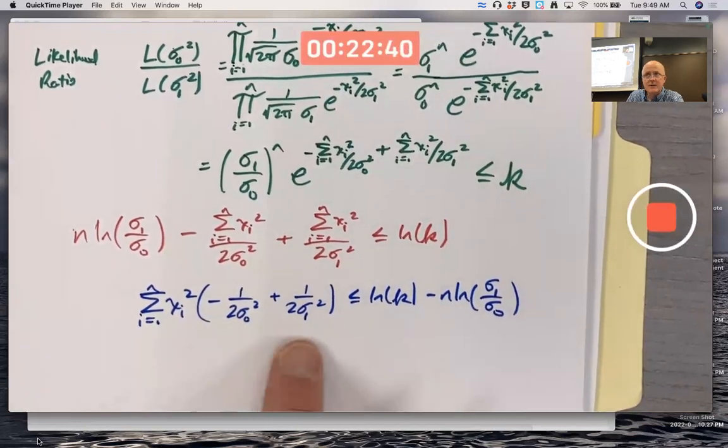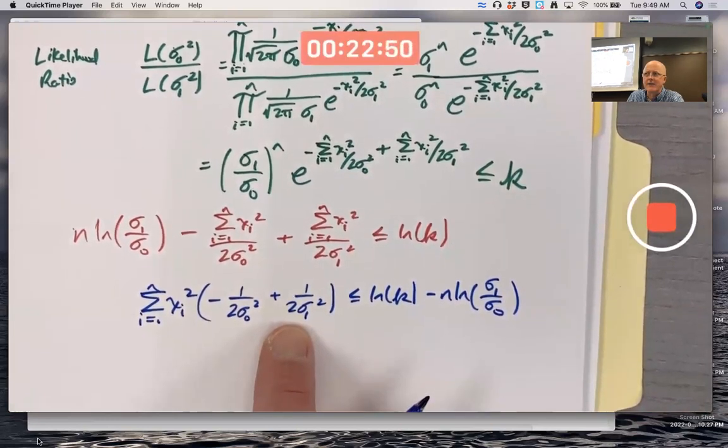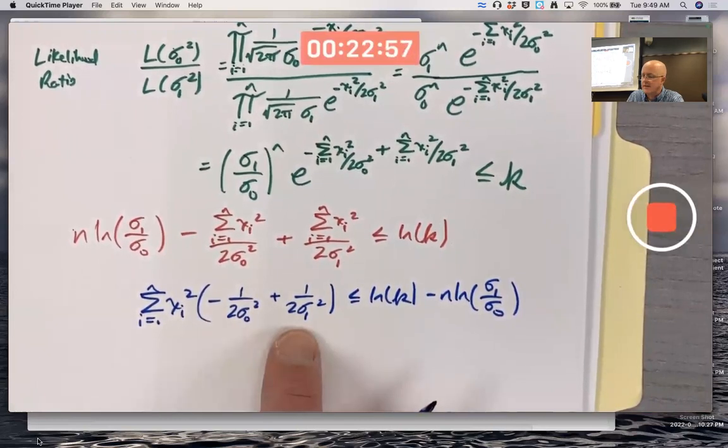I need to divide both sides by this now. It probably would be best to simplify it. For one thing, it's not clear whether it's a positive or negative quantity. So I think if we get a common denominator and simplify it, that'll be a bit more clear. Common denominator would be 2 sigma 0 squared times sigma 1 squared.